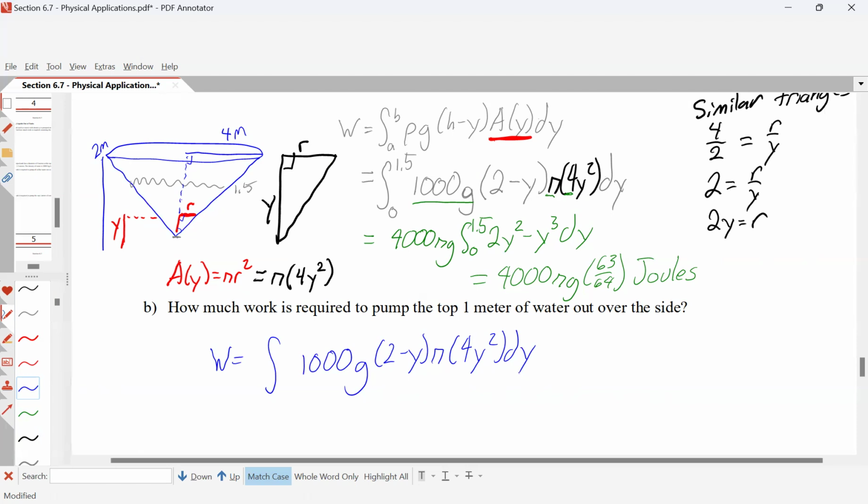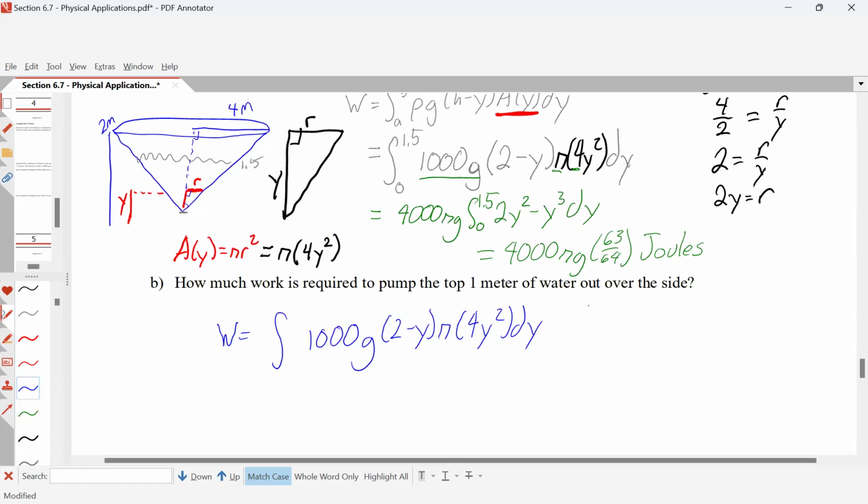The layer of water is still trying to make it up to the height of 2 meters to be pumped out. Everything is staying the same. The only thing that changes is the bounds. And the bounds changing means we're trying to pump out the top 1 meter of water.